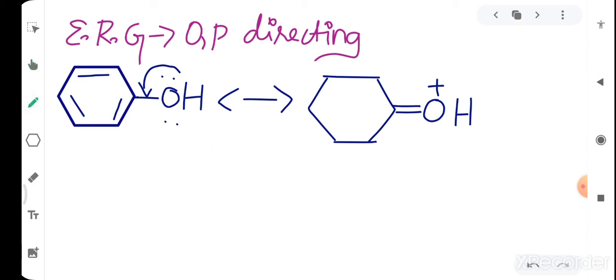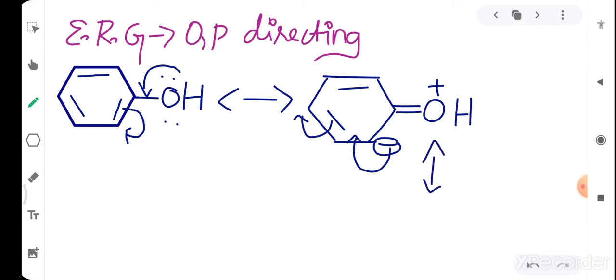Thus, this bond is moved over this carbon atom. So therefore here there will be a negative charge. Now again, if this electron moves inside, again there will be an increase in valency over this carbon atom. Thus this electron moves over the adjacent carbon atom, which results in this resonance hybrid.